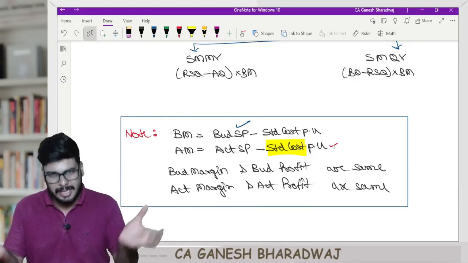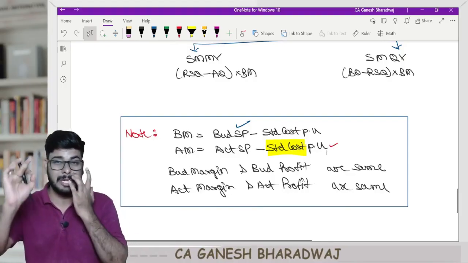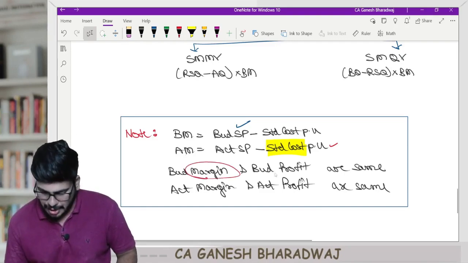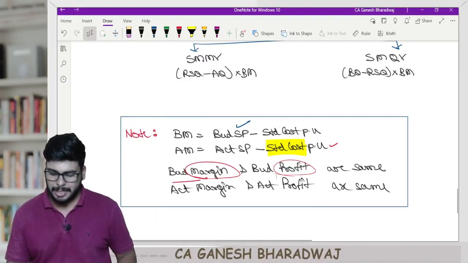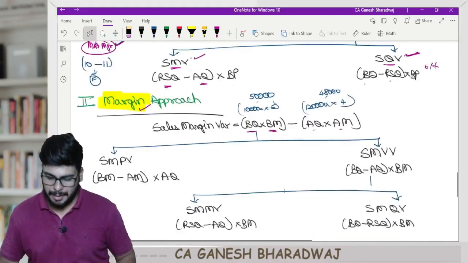But ultimately the answer will match with whatever we have learned. So please follow this. It will make your life very simple. And one more thing, the words budgeted margin and budgeted profit, margin and profit, can be used interchangeably. Budgeted margin or budgeted profit are the same. Actual margin, actual profit, these are all the same.